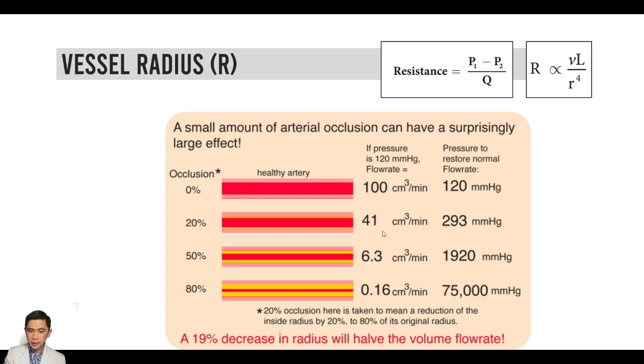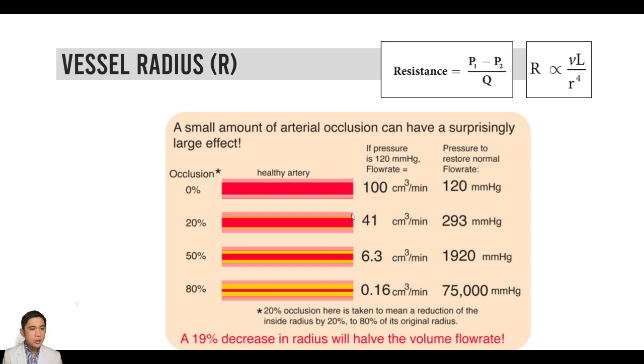And this flow rate is cut to more than half with only 20% of occlusion. But if we have a 50% occlusion, we will have a flow rate of only 6.3. Far cry from the 100 flow rate. So with only a 19% decrease, or around 20, you will have half of the flow rate.